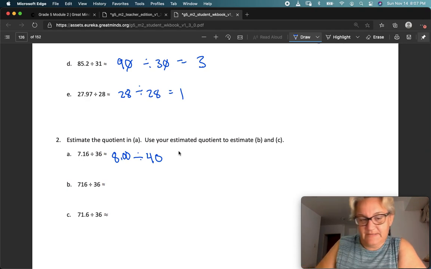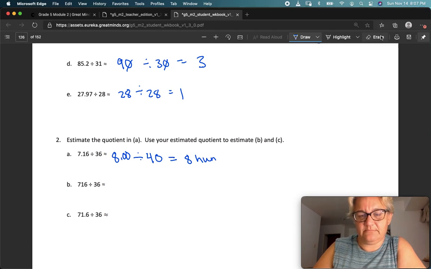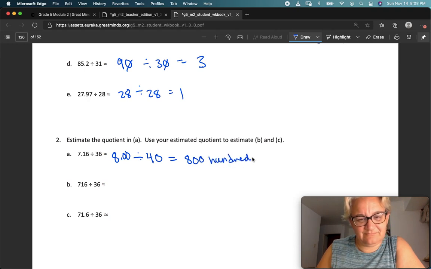So there I've got 8 ones divided by 40. So I'm just going to call that 8 hundredths. No, sorry, 800 hundredths divided by 40 equals, and then I can cross this one off and this one off, and 4 will go into 80 20 times.